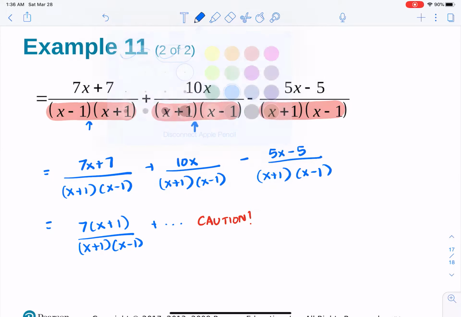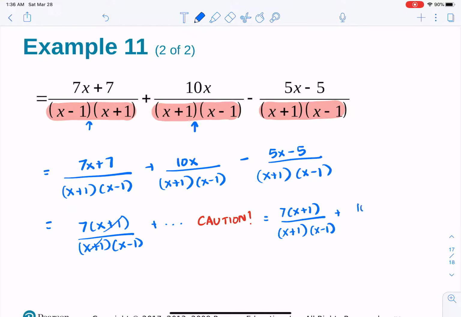Reason being, once we cancel this out, we would end up having 7 over x minus 1. So let me rewrite. The second term would remain as is. The third term has a negative 5 in common, or 5 in common, so I could write it as 5 times x minus 1 divided by x plus 1 times x minus 1.